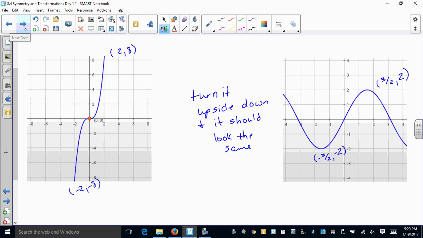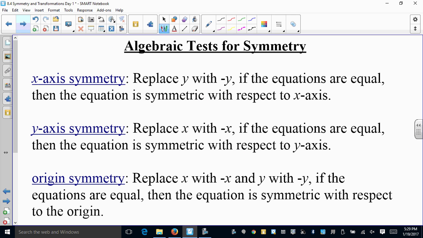So of course we have algebra tests that we can do on these. So, you know, if you have a picture, those are really easy to look at, but what if they don't give you a picture? Then what? So there are tests. Tests for x-axis symmetry, replace y with -y. If you get the same equation, it's symmetric to the x-axis.